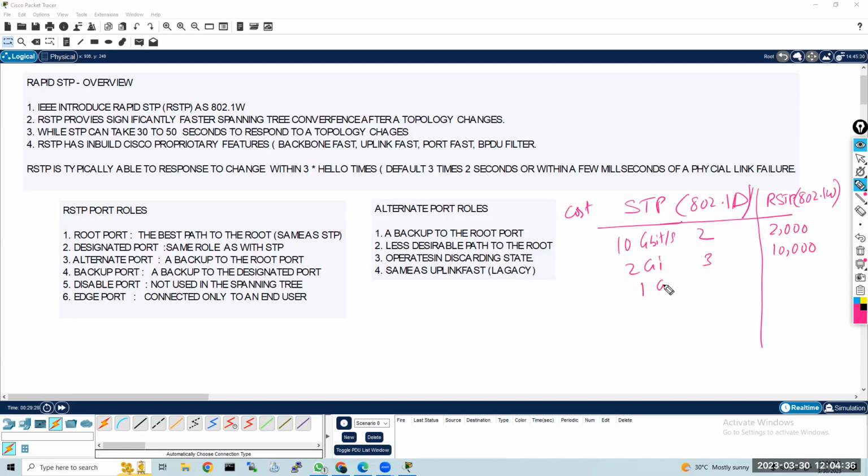If it is 1 gig, the cost is 4, and for RSTP it is 20,000. And if you talk about 100 Mbps, the cost is 19 here, and here it is 200,000. That's it, I don't want to write all. This is the latest one, guys.